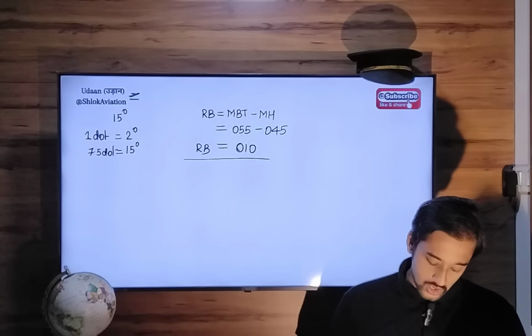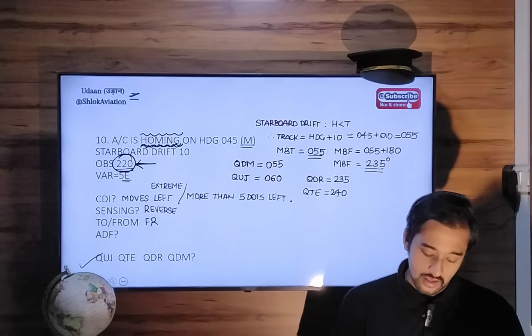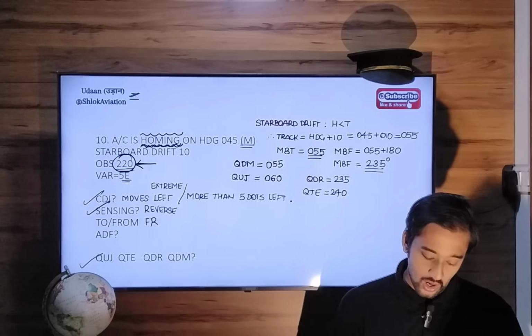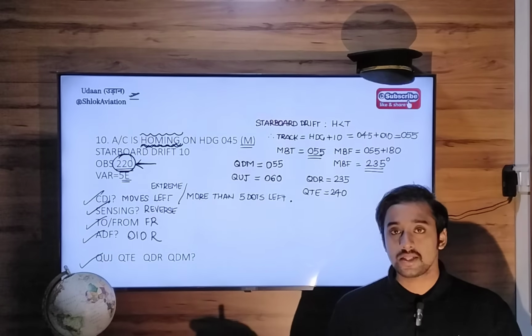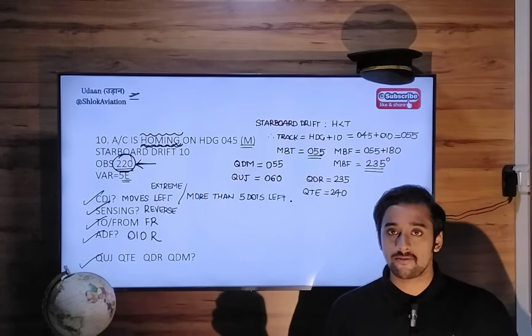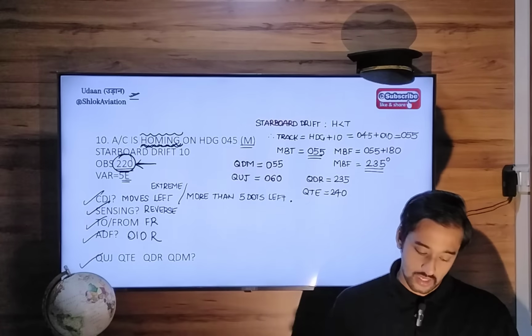Okay. So left indication, reverse sensing, from indication, and 010 to the right hand side. So that means NDB station is to the right of aircraft heading by 10 degrees. Let's go to next.